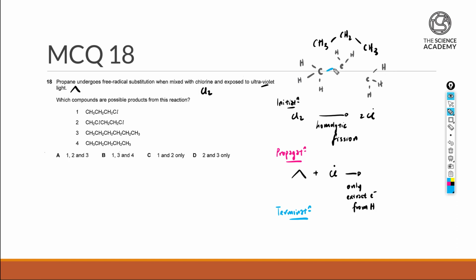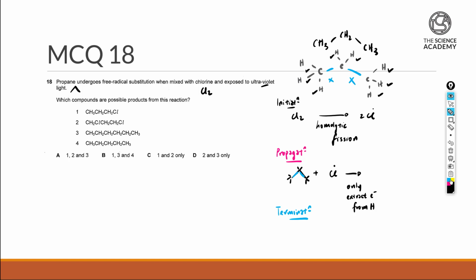Now the blue bonds cannot be cleaved no matter what. We can only extract the electrons from the hydrogens. We cannot break our C-C bond. This is the most important information. So we can break here, here, here, here, here, here, here, or here, but we cannot break those in blue, which are the bonds found between your carbons.